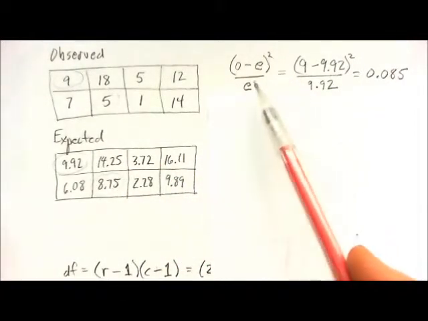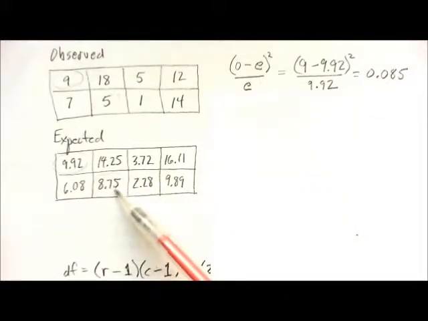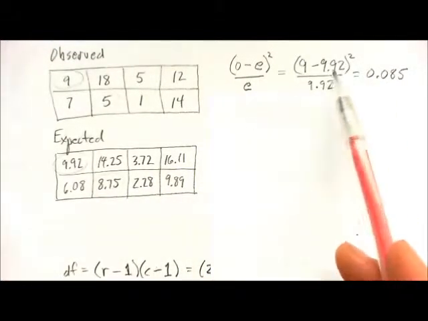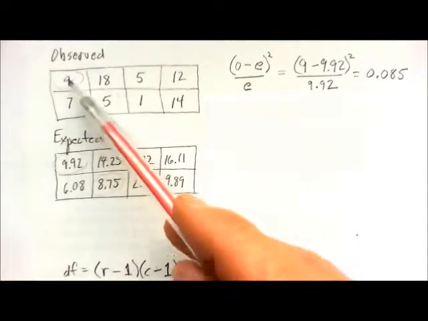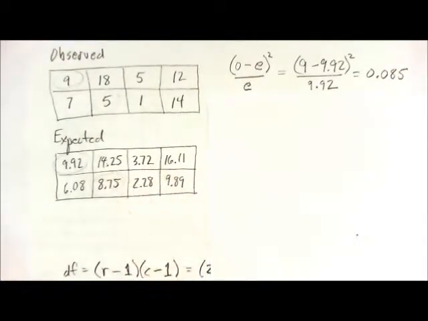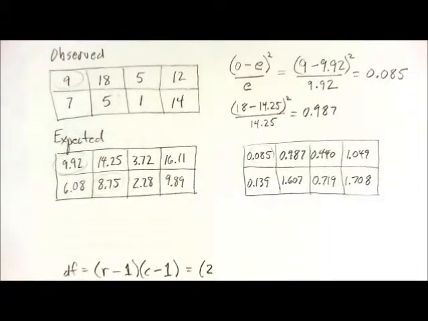We square that and divide by the expected count, the 8.75. This is for this first cell. But we then take the result of that and we put those results for each of those computations in this table. We total all those values up, which gives us the chi-square statistic. That's the main thing we're after.